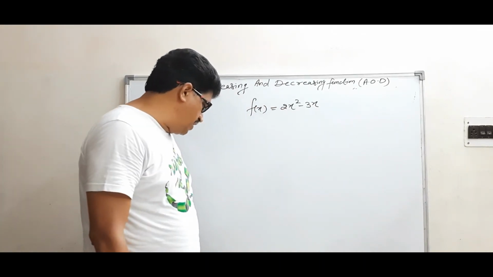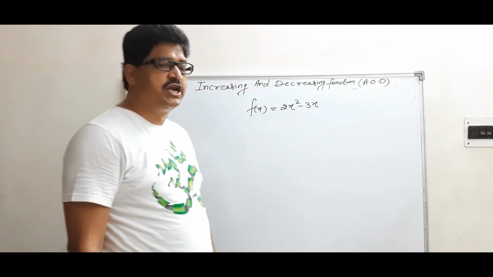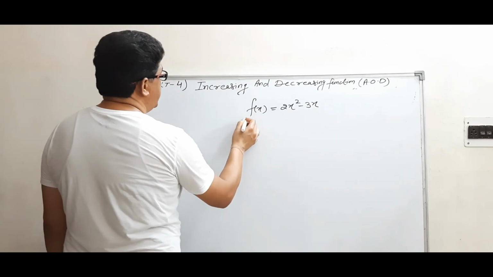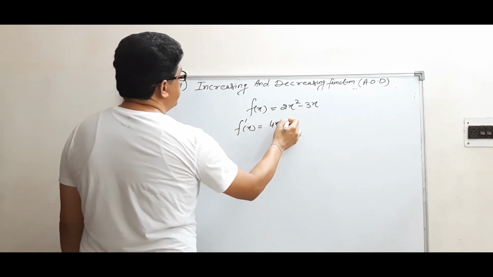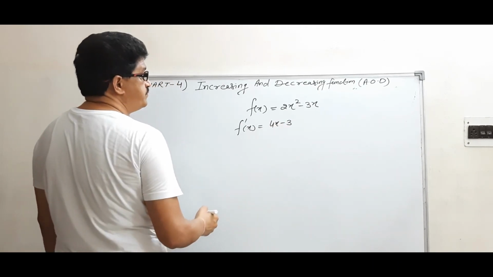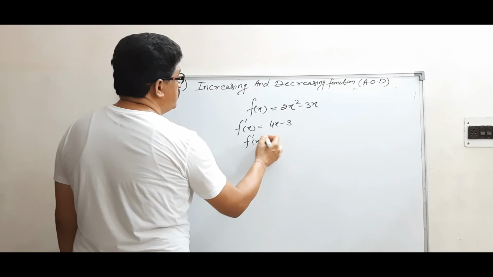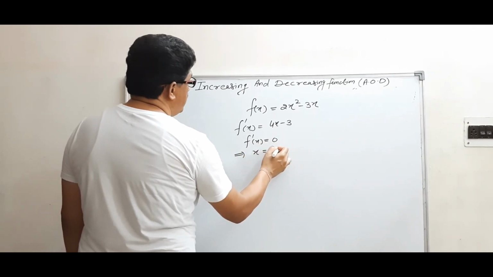We have to find the interval in which the function is strictly increasing or strictly decreasing. So first of all, we will find f dash x, which is 4x minus 3. Then f dash x equals 0 gives x equal to 3 by 4.